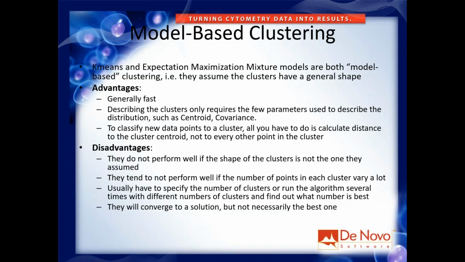And they also do not perform well if there's a lot of variation in the number of points in the cluster. So if one cluster has 80 or 90% of your data and all the other clusters have a few percent each, the data is pretty random. The mixture models also, in general, require you to specify the number of clusters again.